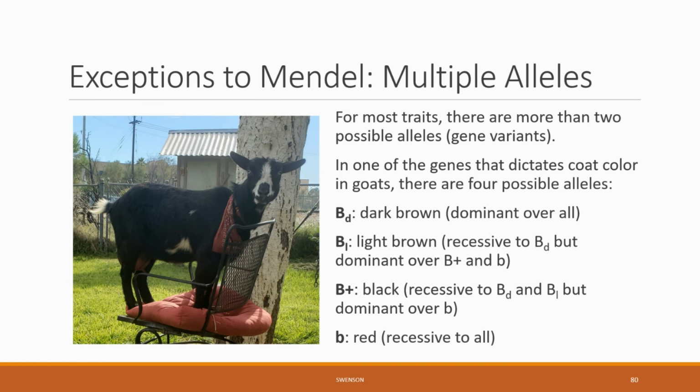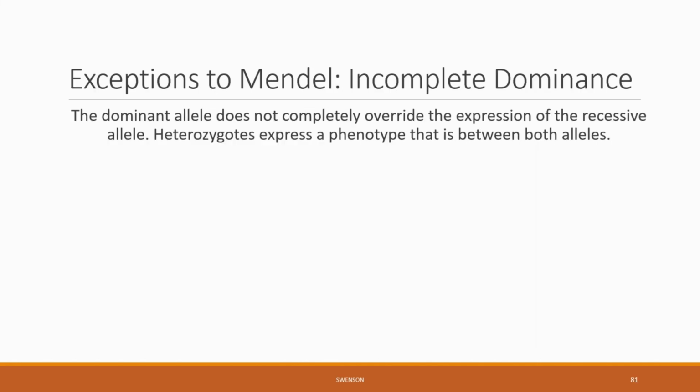B plus is black, but it's recessive to the 2 upper ones, B sub D and B sub I, but dominant over b. And b is red, and that coat color is recessive to all of the above. So that's one exception: multiple alleles.